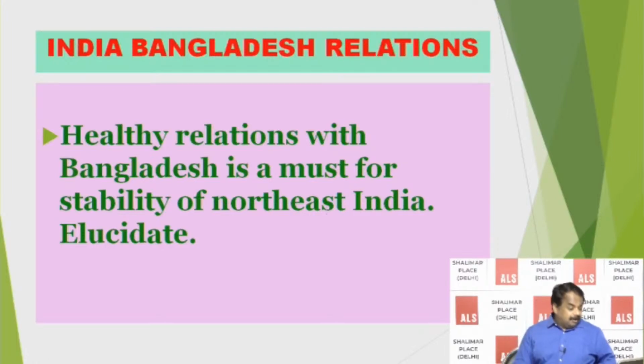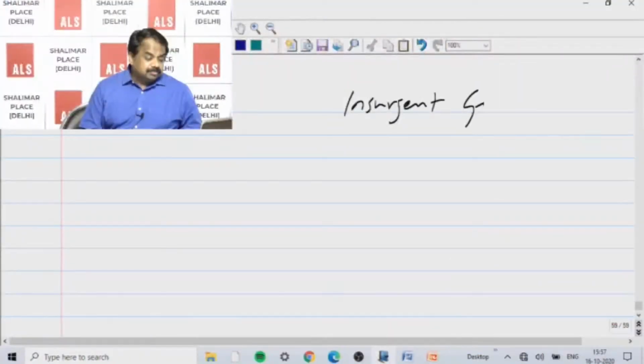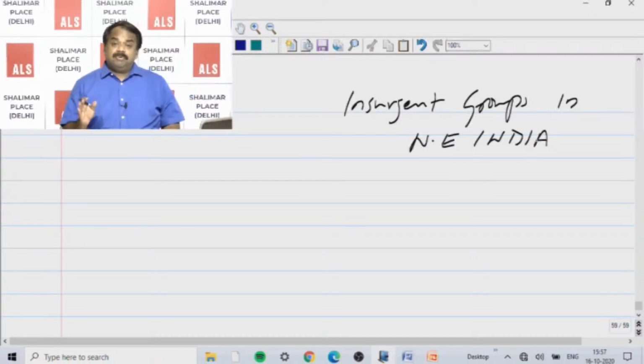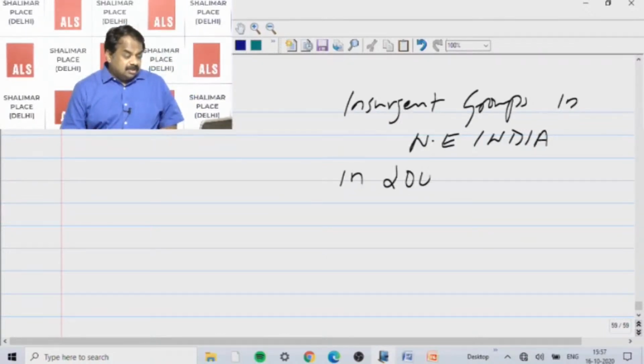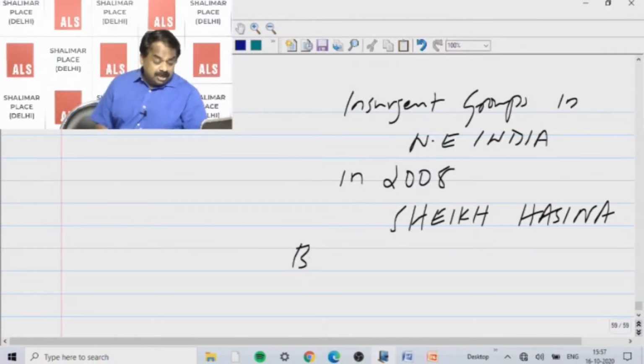First of all, Northeast India is also not settled. You know it very well. There are many insurgent groups in Northeast India. Especially before Sheikh Hasina came to power in 2008, the BNP government, Begum Khaleda Zia's government, was not so friendly with India.